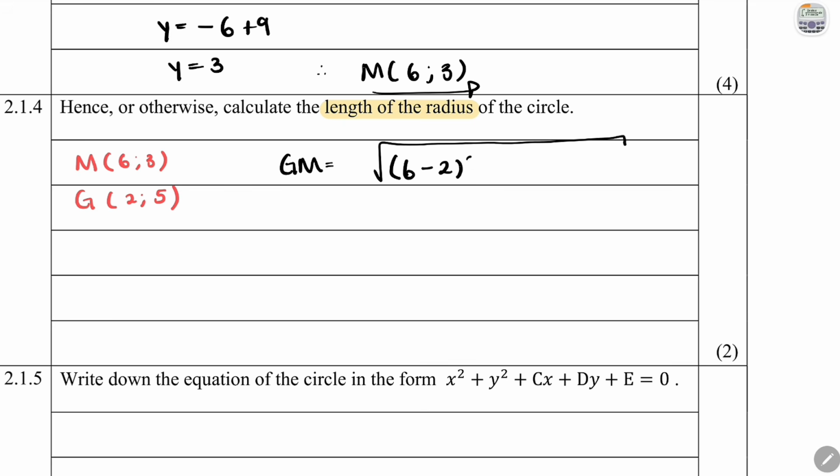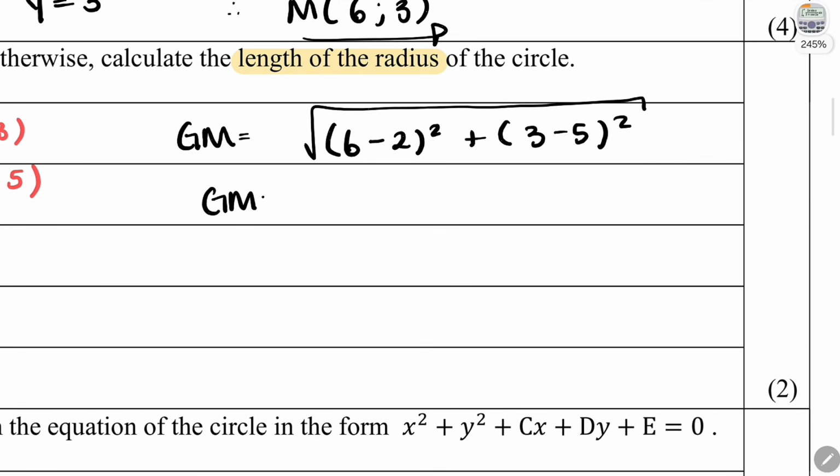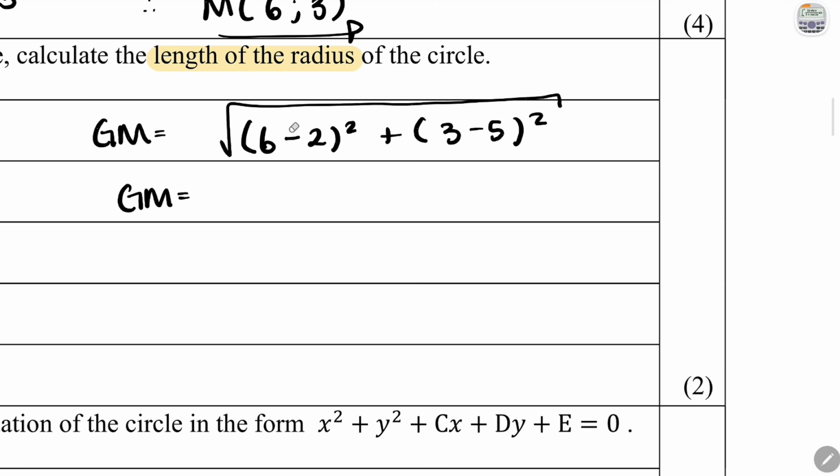That's (6 - 2) squared plus (3 - 5) squared. And so GM is equal to, 6 - 2 is 4. 4 squared is 16. 3 - 5 is -2. Squared is 4. And so that is the square root of 20.